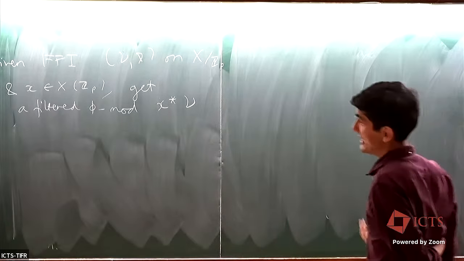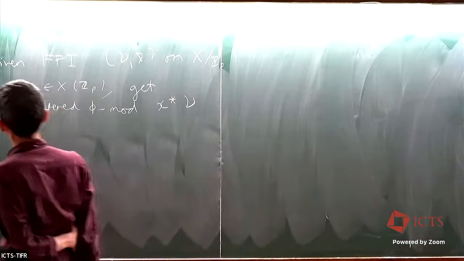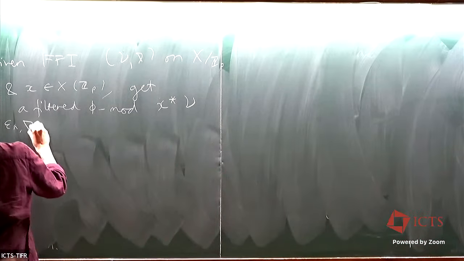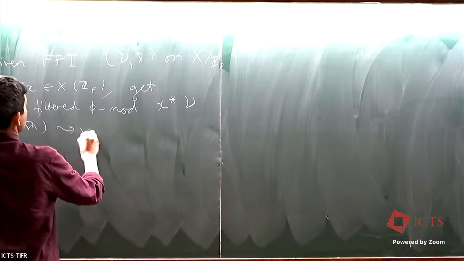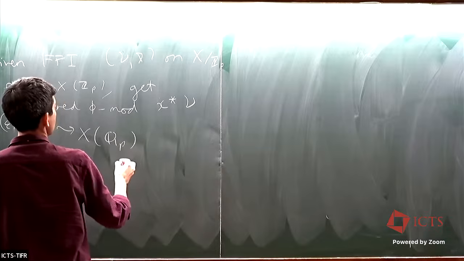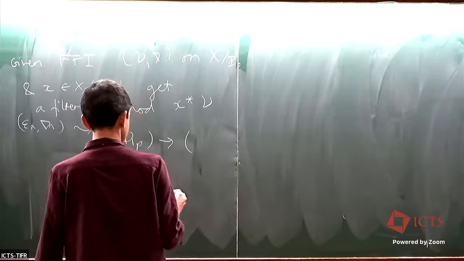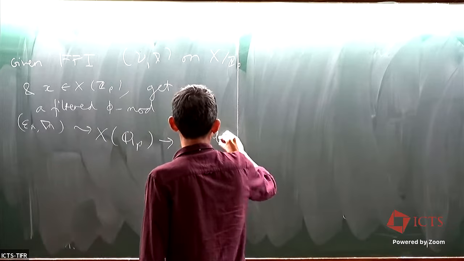So in particular, E_n with nabla_n is defining a map from Q_p points of X to filtered phi-modules.